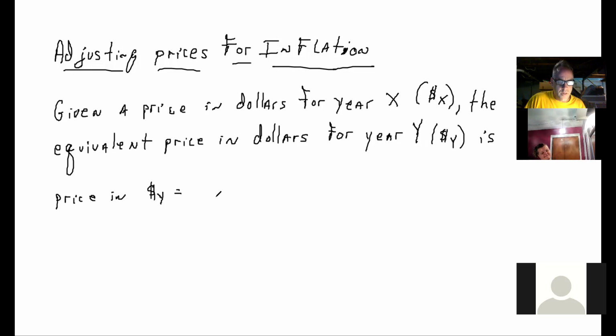So that price in year Y will equal whatever the price was in the year we know, price in year X, times CPI of Y divided by consumer price index in the year X. Okay.